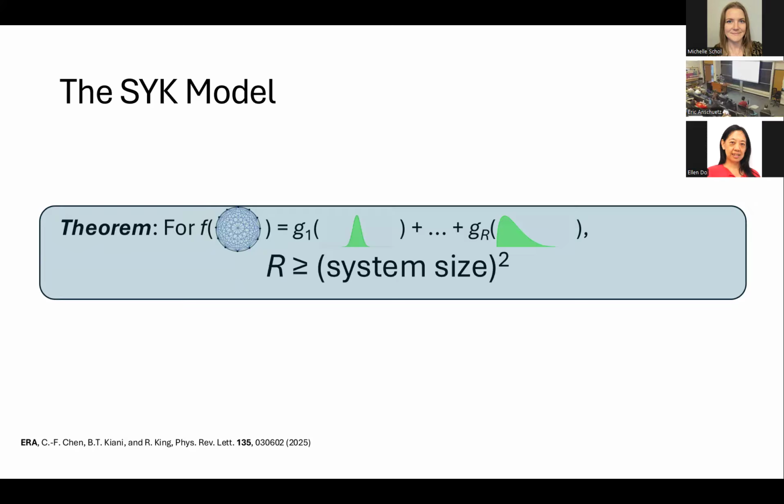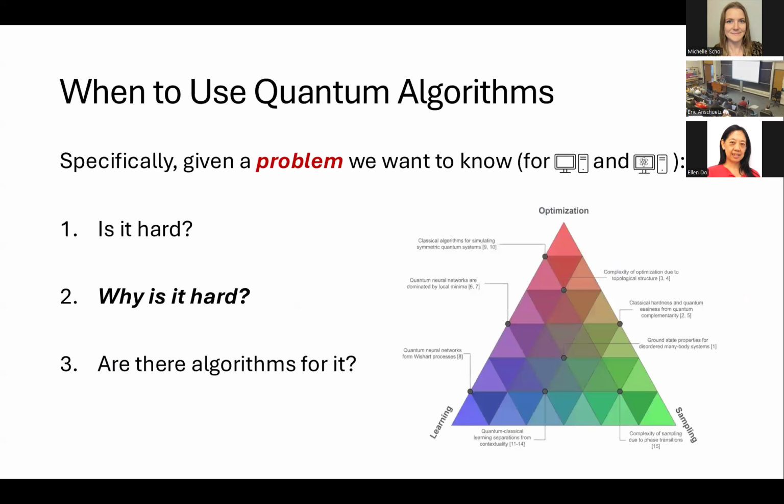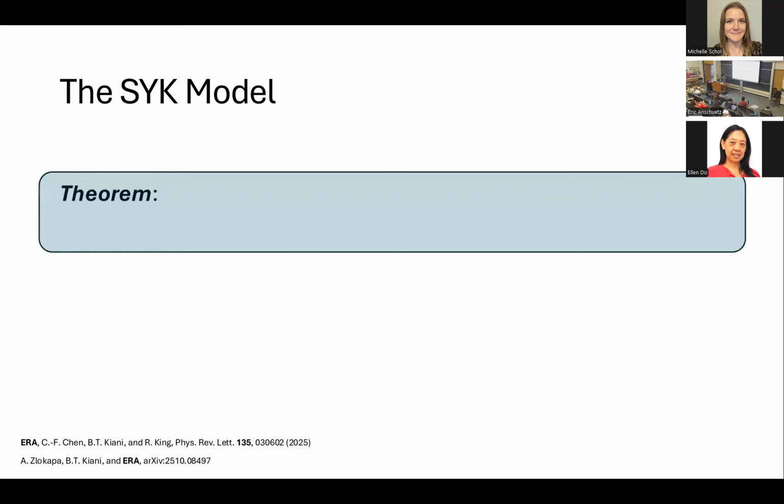It turns out it grows quadratically in the system size. And this property means that this previous no-go result I had doesn't apply. That doesn't necessarily mean it's actually quantumly efficient. But now that we know it's not necessarily hard, we can think about whether quantum algorithms can do this optimization. And it turns out the answer is yes.